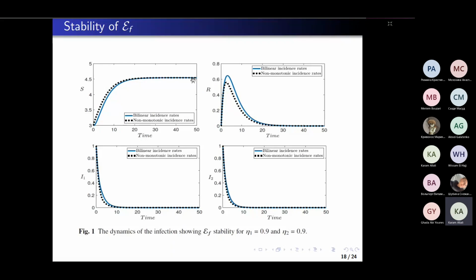It's just a way to check the numerical simulation against the theoretical part. However, the first strain infected individuals and the second strain infected individuals go to 0, as well as the recovered individuals, for both incidence rates, bilinear and also non-monotonic incidence rates.